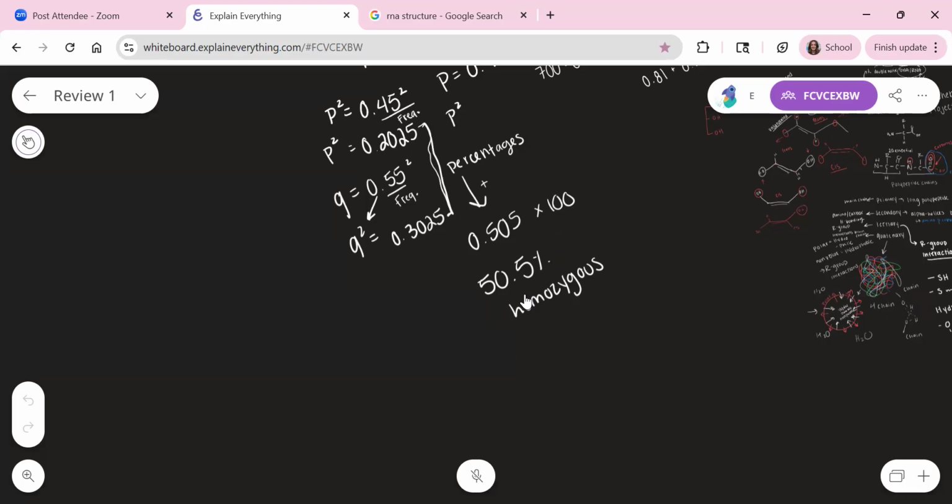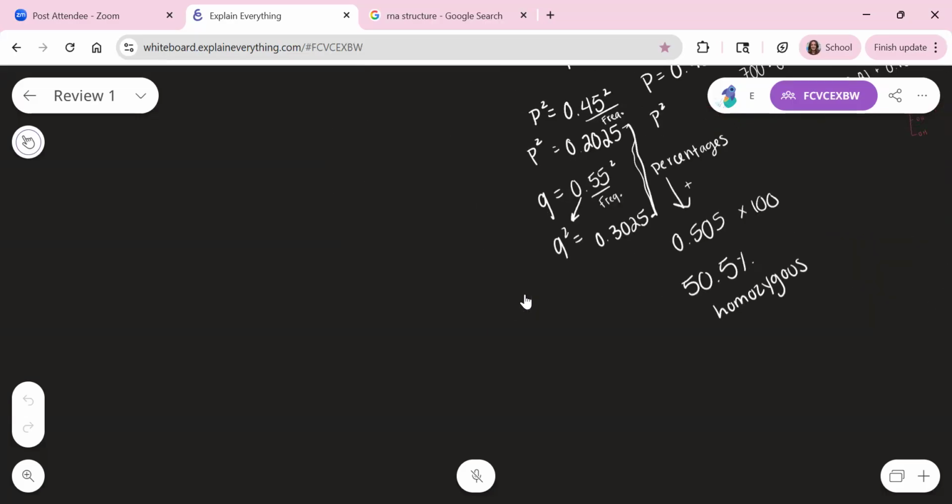Does that make sense? Okay. So that'd be an example of dealing with frequency and then percentages, because these two are different.